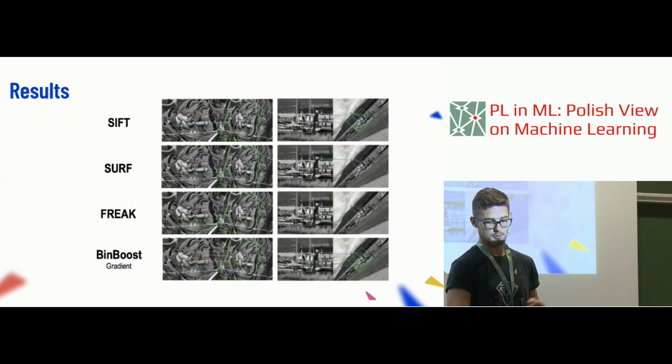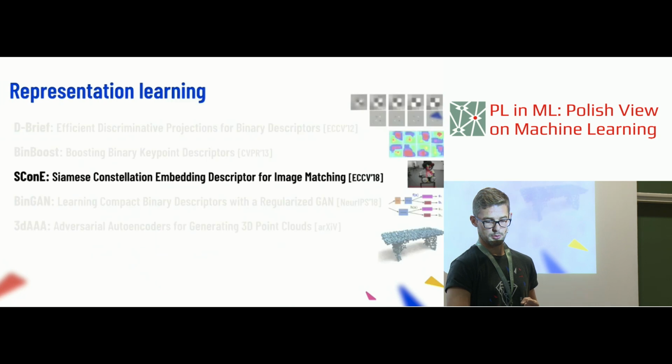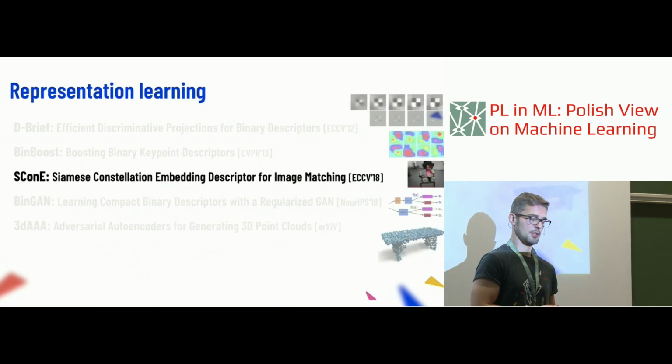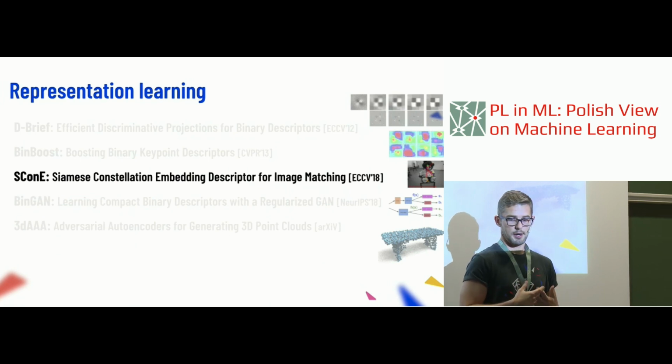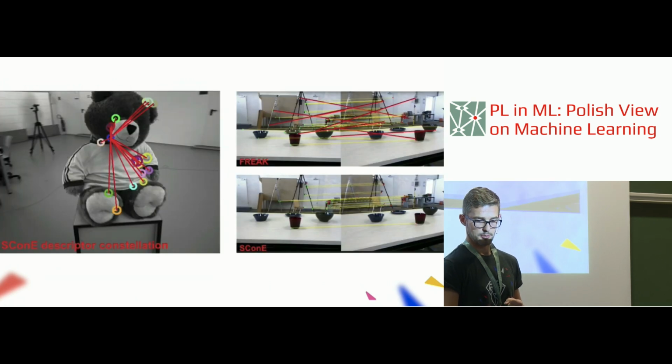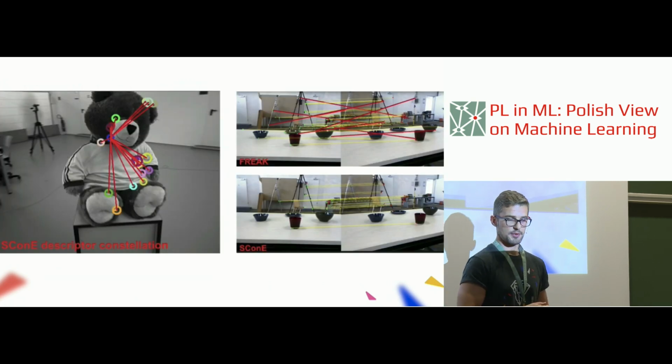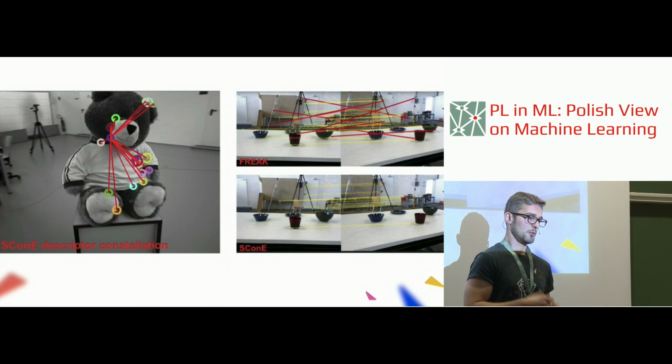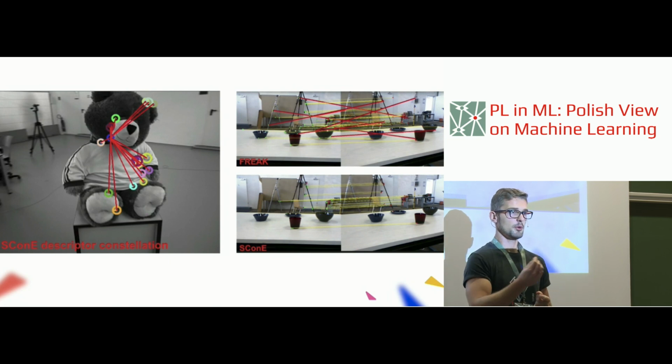Okay, these are the results of BinBoost, and now this is the part where we rediscovered this problem again, from a slightly different perspective. Part of this work was presented last year here at PL and ML. The descriptor that we proposed is a combination of descriptors from a neighborhood of an image pixel.